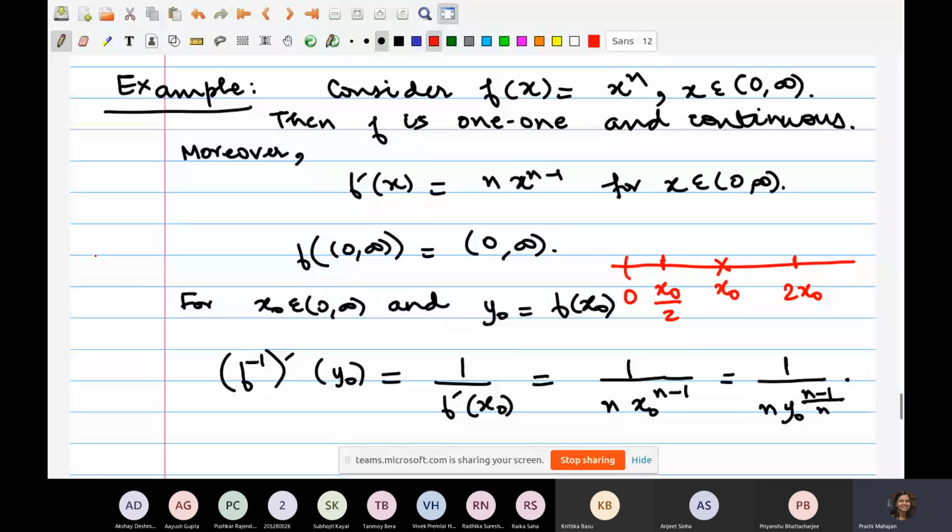You can apply this result to f restricted to the interval from x0 by 2 to 2x0, for example. Now this is a compact set where the function f is continuous and one-to-one, and this set contains the point x0. You apply the previous theorem to this set and not the entire open interval 0 to infinity. You get the same conclusion.